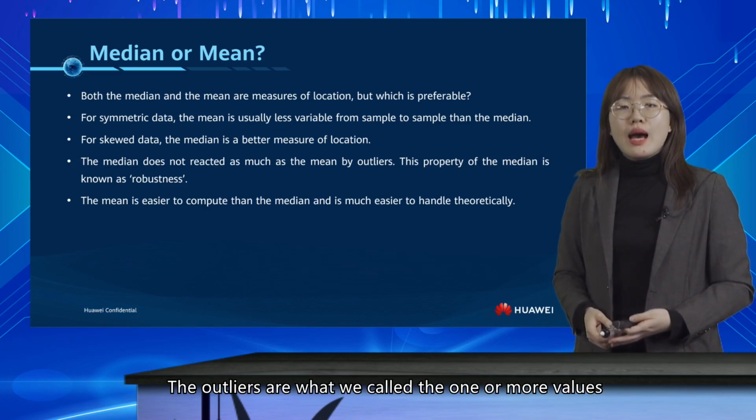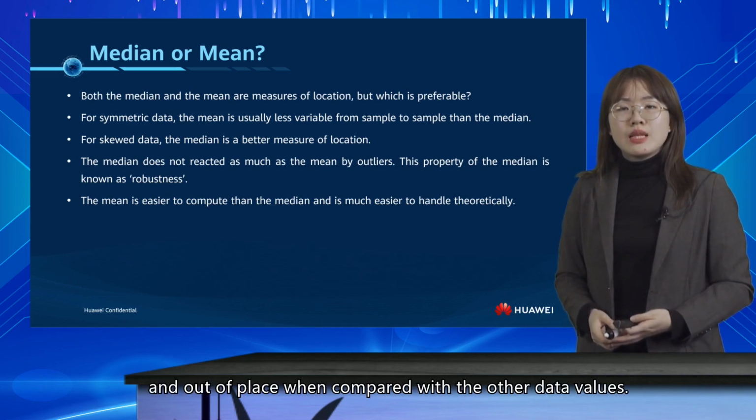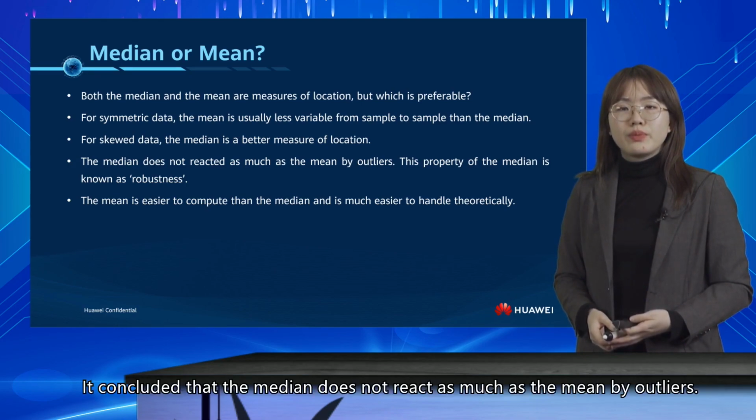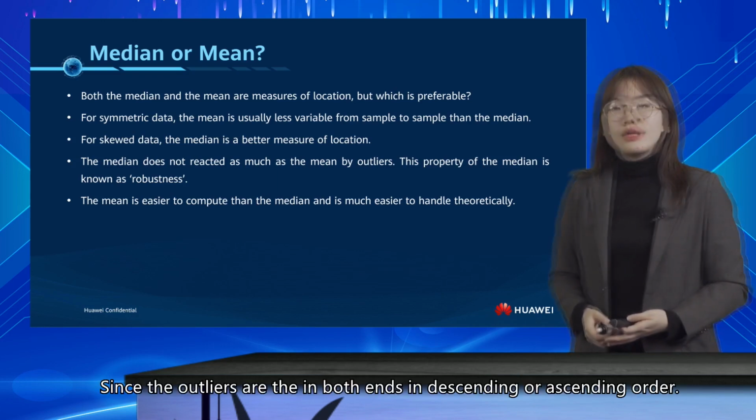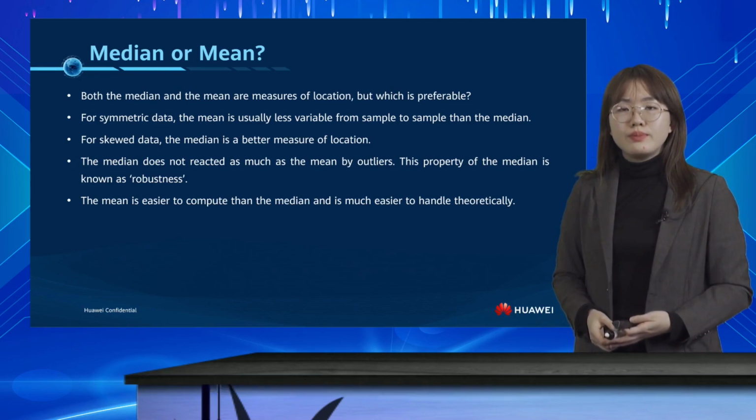Outliers are what we call one or more values that appear unusually large or small and out of place when compared with the other data values. It is concluded that the median doesn't react as much as the mean to outliers, since the outliers are at both ends in descending or ascending order.